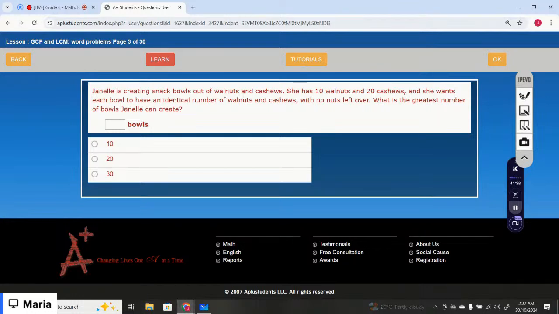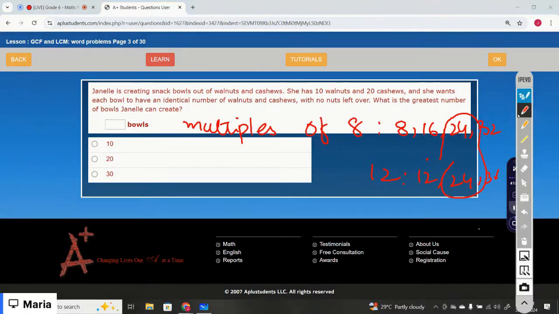So let's just start. You have to find the greatest common factor, GCF, right? So let's write down the factors of 10 and 20.